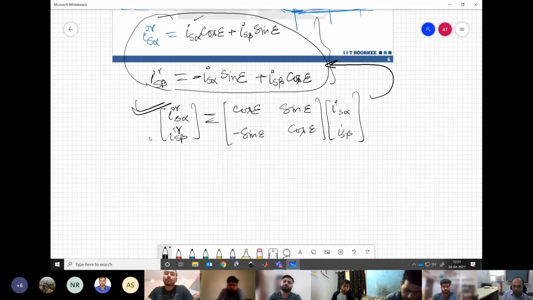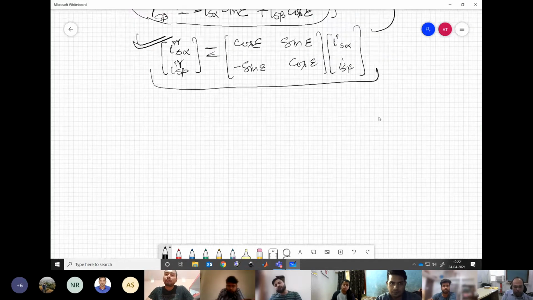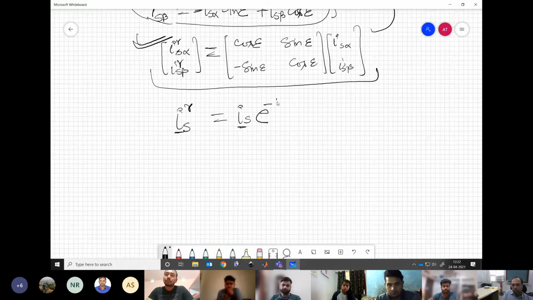Now, further we can make it compact if you write it in terms of vector. So what it means basically, that if you are defining your IS vector in rotor reference frame, simply you can multiply your actual vector with a component like this, e raised to power minus j epsilon. This you can take as thumb rule. What is the thumb rule?